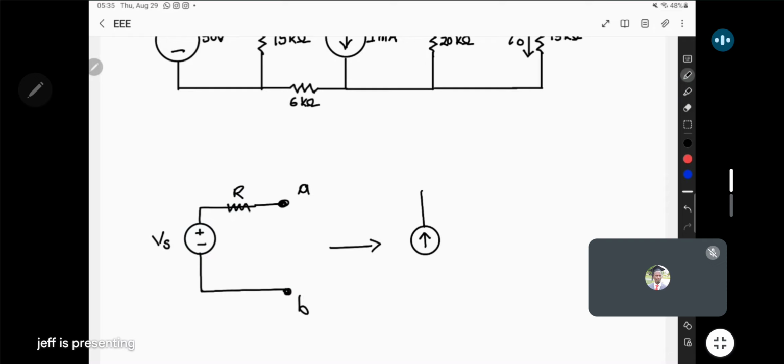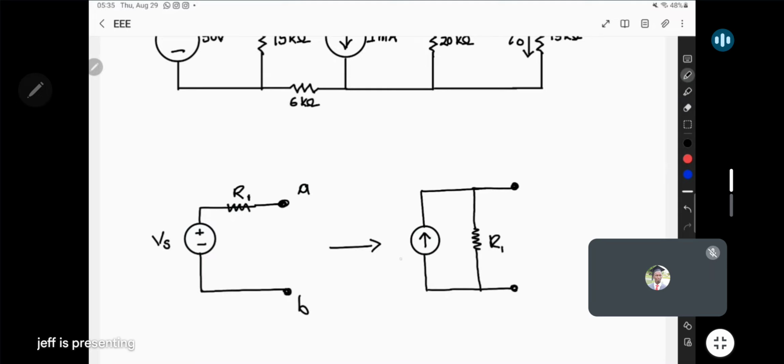Now the current source will be connected in parallel to the same resistor. So if this is R1, this will also be R1. And then the nodes A and B will be here.